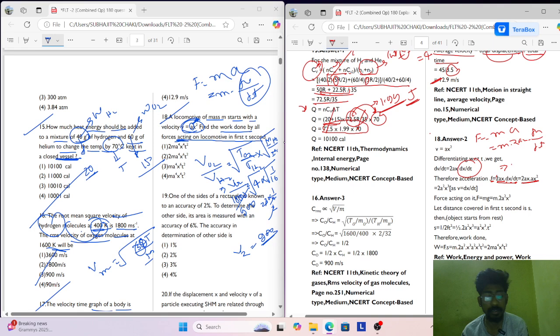The acceleration will be 2ax dx by dt. So m into 2a dx by dt, where v we already know is ax square, so it will be equal to 2a square into m into x cube.